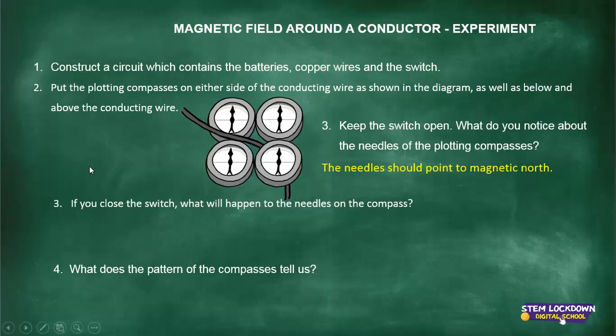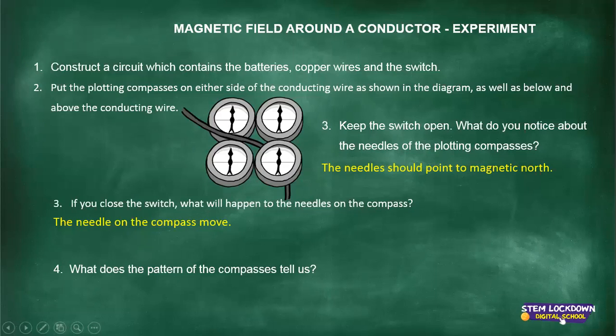So if you close the switch, let's see what will happen. Levi is absolutely correct. The needles of the compass will move, because when we close the switch, an electric current goes through the wire. This shows that there is a magnetic field around the wire.